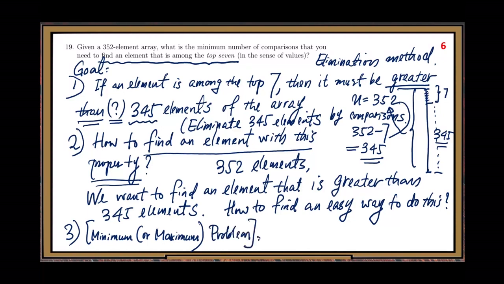We need to go back to our old experience of finding the minimum. Here let's switch to the maximum version. If you want to find the maximum of an array, you need n-1 comparisons.